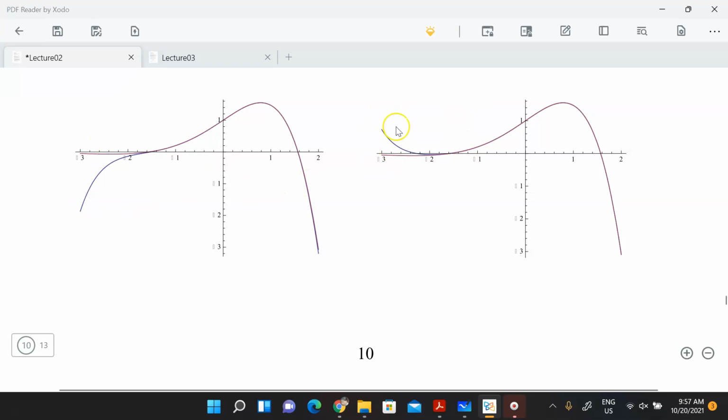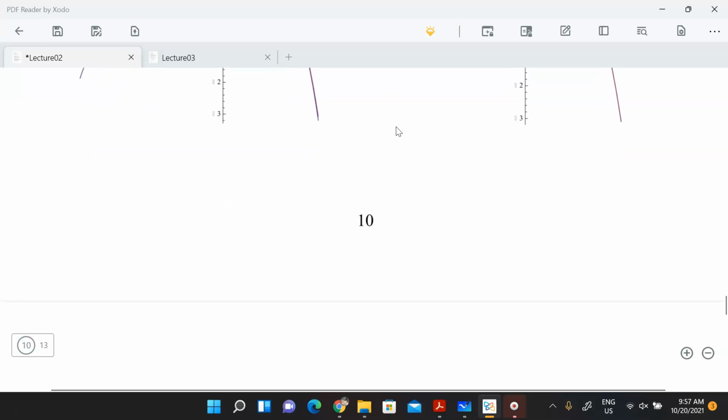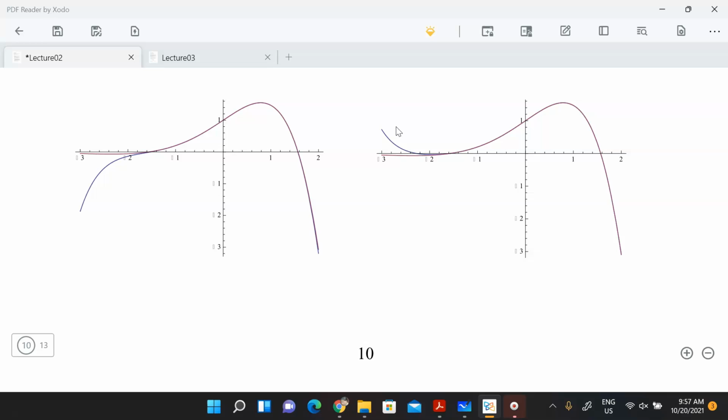So there will be some interval here, and if I want to know the function with respect to this interval, then I don't need to expand it too high.